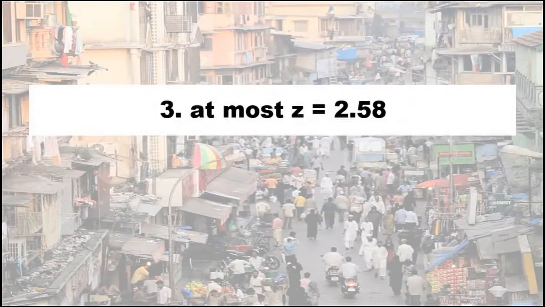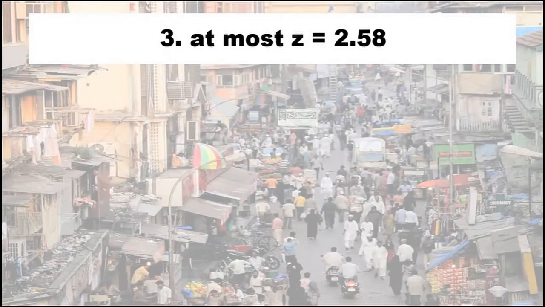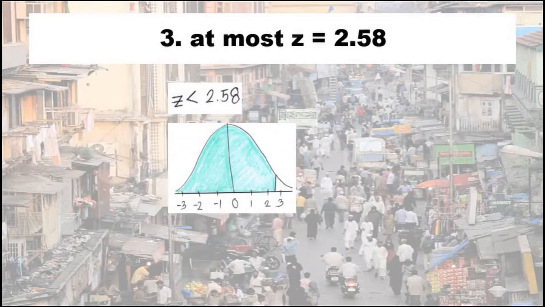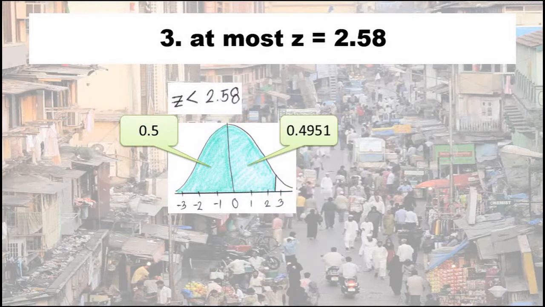Next, number 3. At most z is equal to 2.58. So that means z is less than 2.58. So we will sketch now the graph. So the shaded part on the left side is 0.5, then on the right part 0.4951.